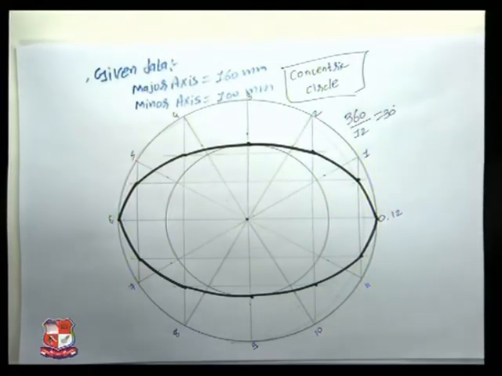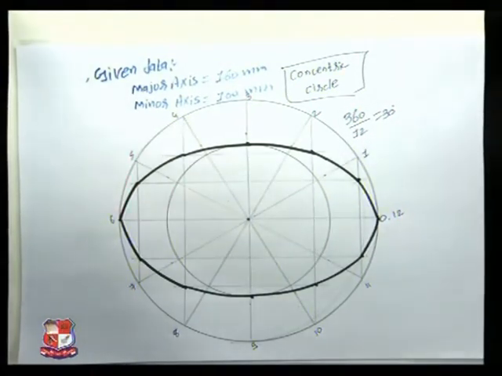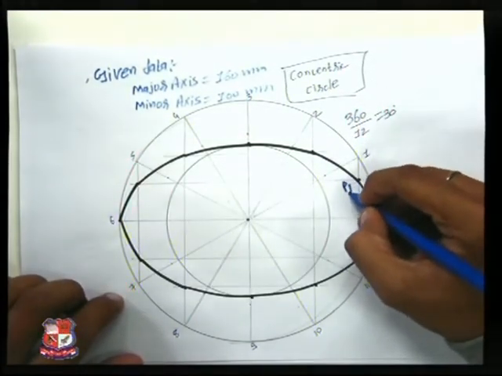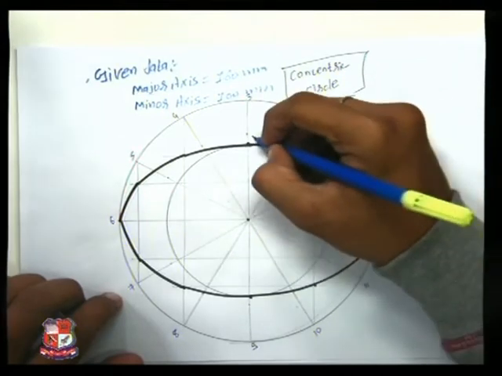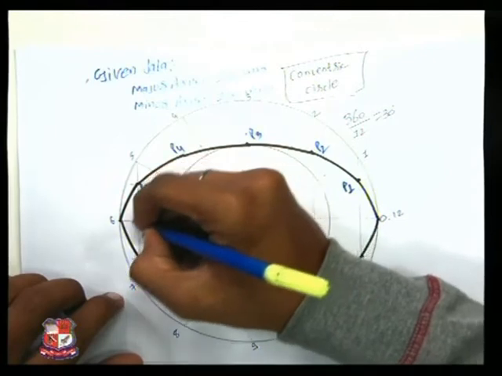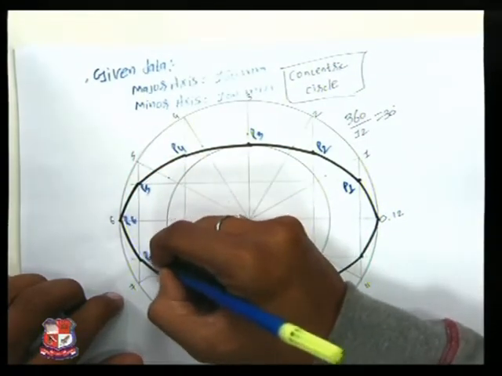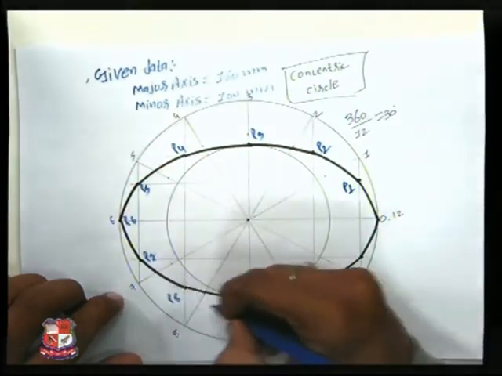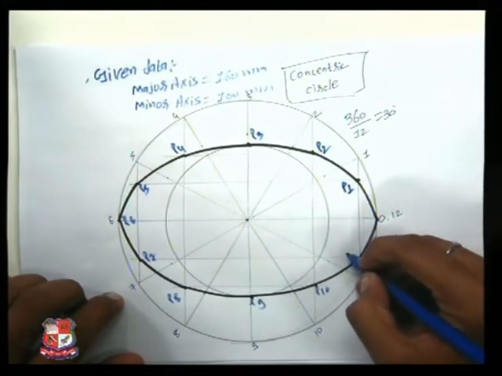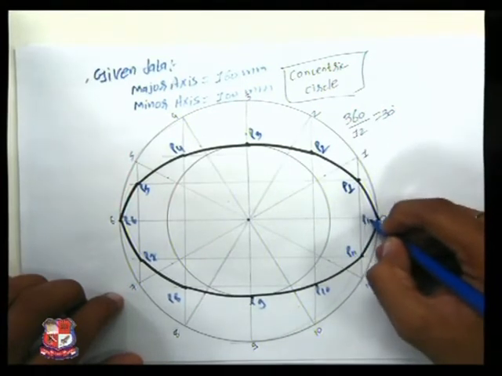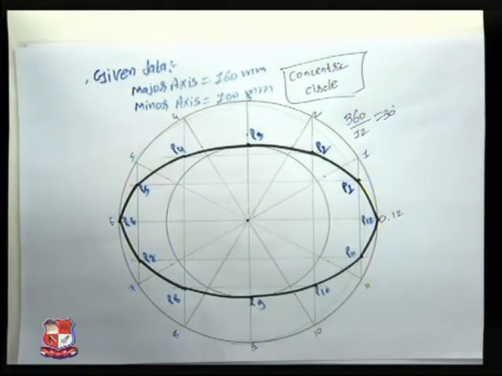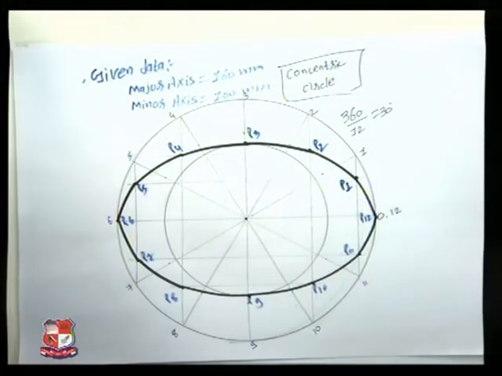This is how you can draw an ellipse using concentric circle method. Give the nomenclature to the same: P1, P2, P3, P4, P5, P6, P7, P8, P9, P10, P11 and P12. We have got both our requirements fulfilled.